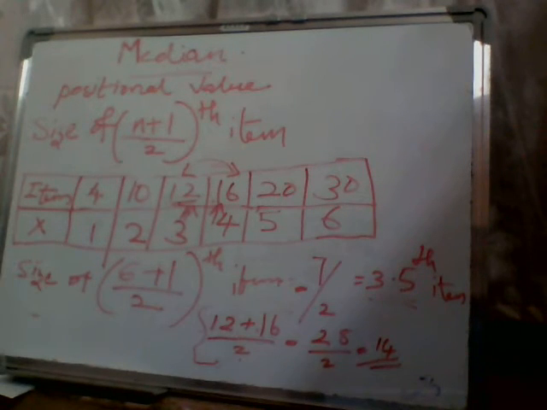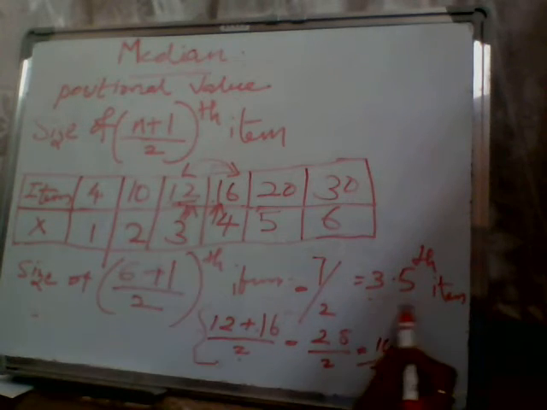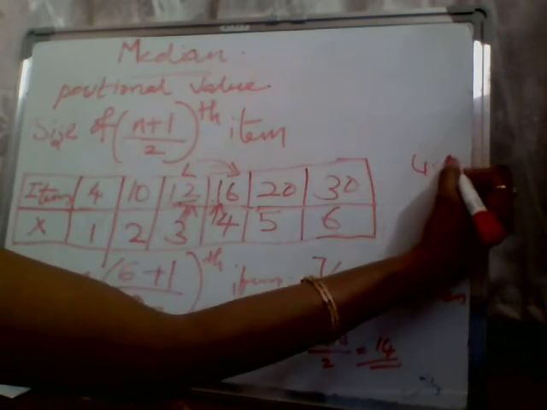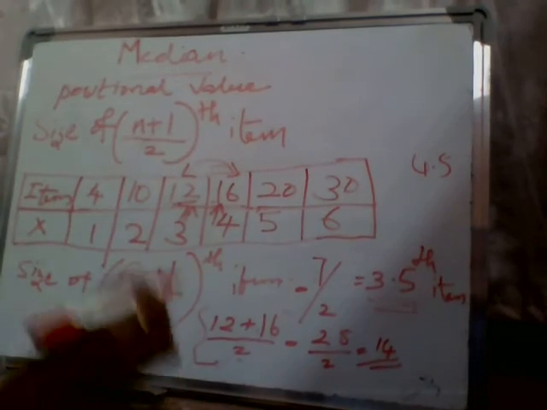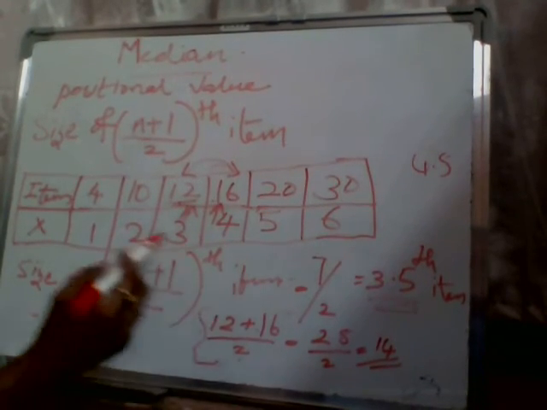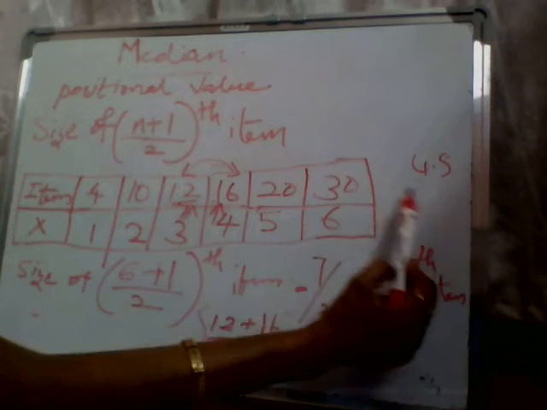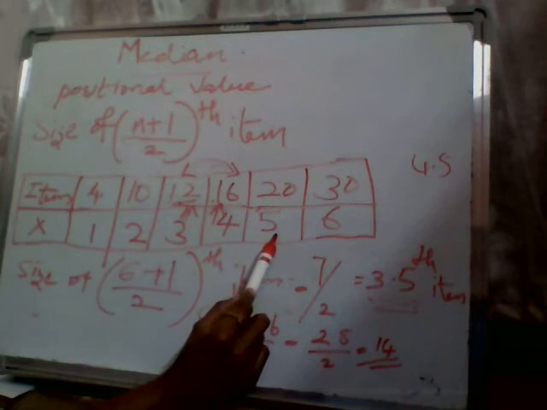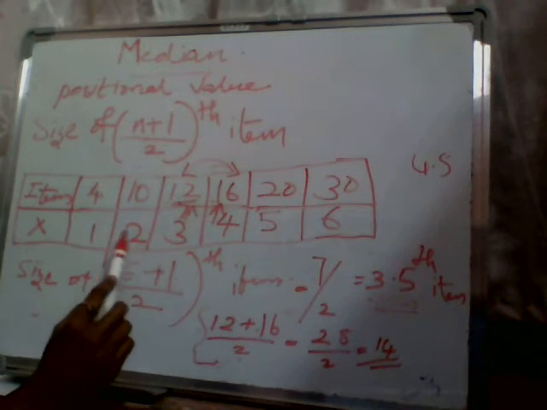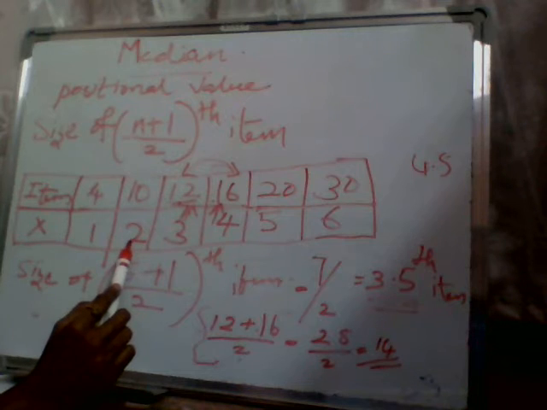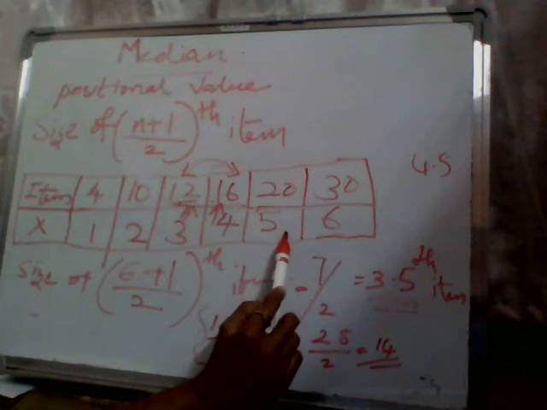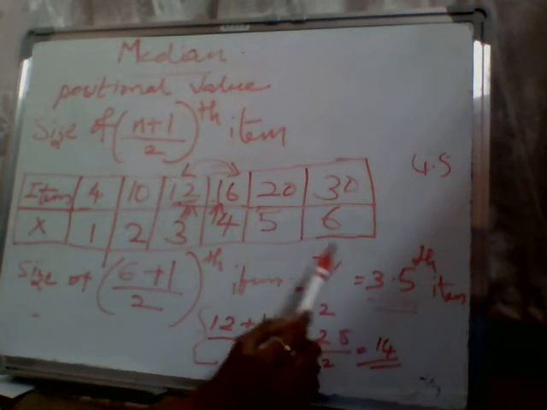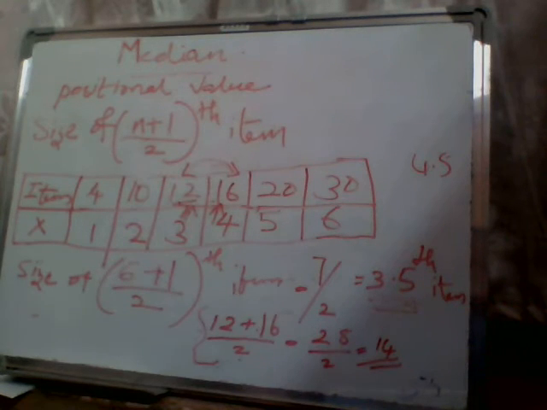If the position is like 3.5 or 4.5 or 2.5, we need to take the average of two values. 4.5 means we need to take the average of the fourth and fifth values. If it is 1.5 it means first and second values. 5.5 means fifth and sixth values.